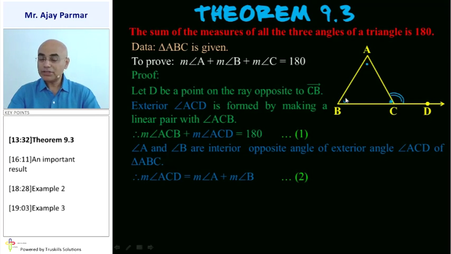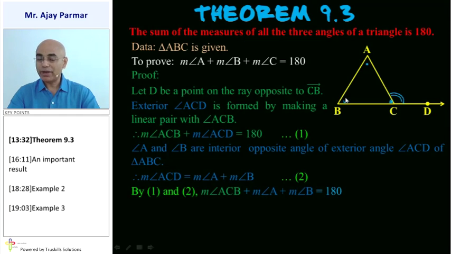Now, if we combine statements 1 and 2, measure angle ACB remains as it is, but instead of measure angle ACD, we can write measure angle A plus measure angle B. So measure angle ACB plus measure angle A plus measure angle B is 180.